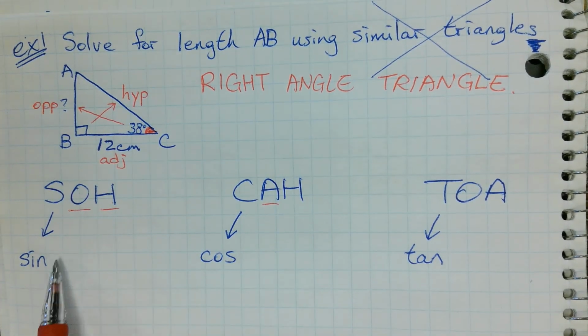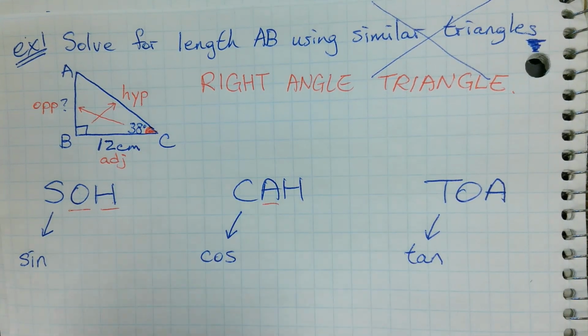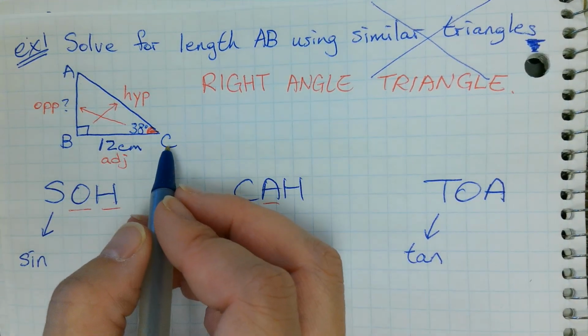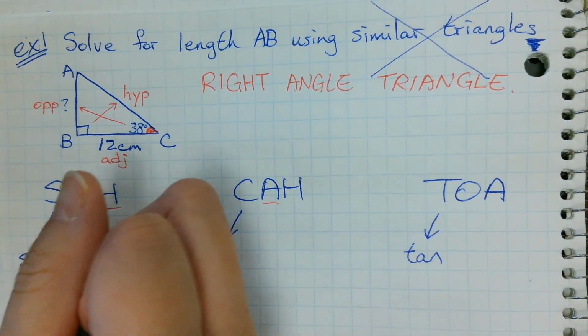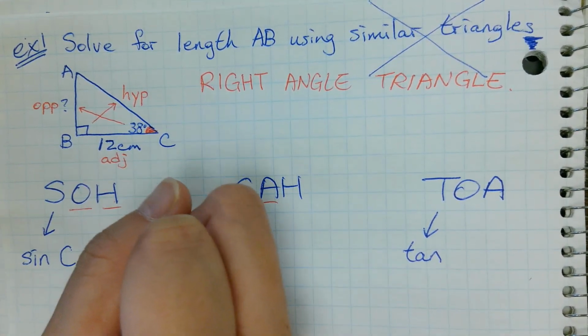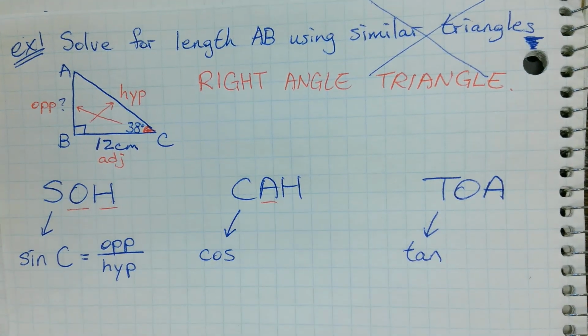So what you're saying is sine, for example, like angle C, because we're given angle C, sine C equals the opposite length divided by the hypotenuse length.